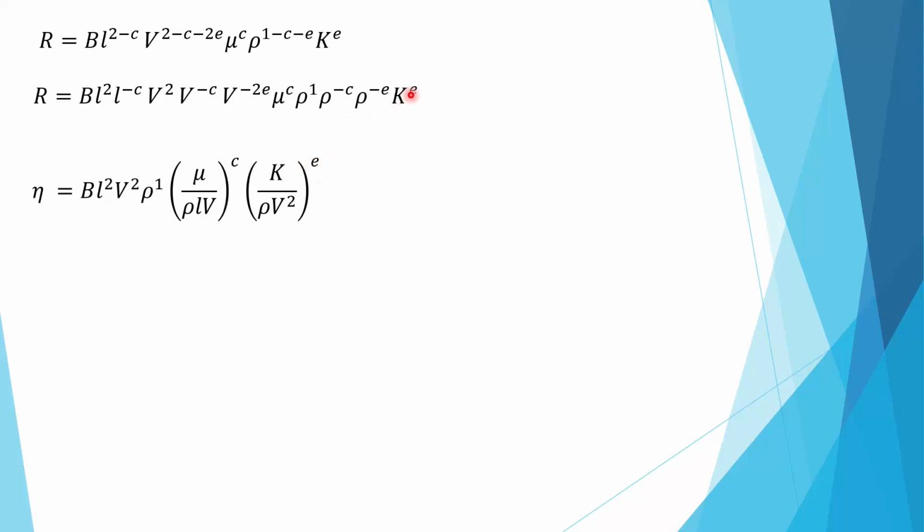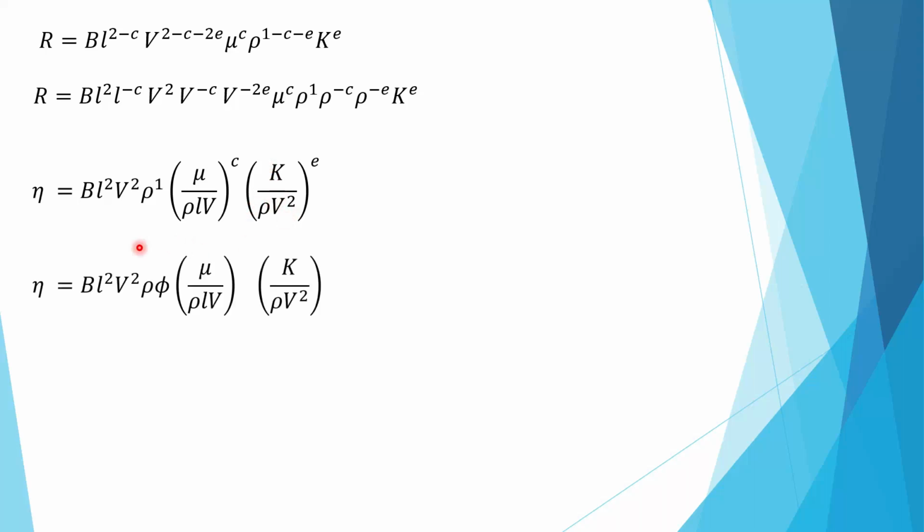Next, here it is K power E, bring this into the denominator, and bring V power minus 2E to the denominator. It will become K power E divided by rho power E and V power 2E, and take the power E outside. It will become K divided by rho into V square.